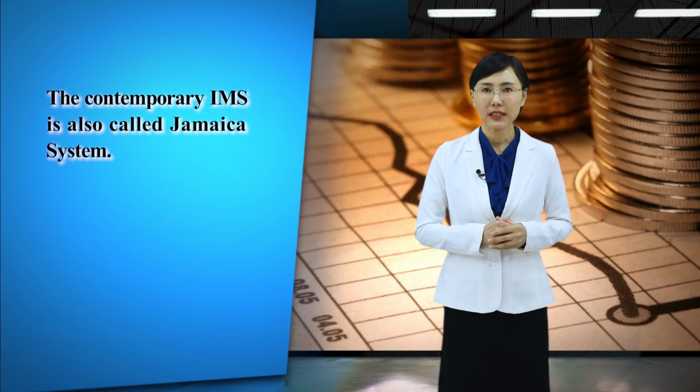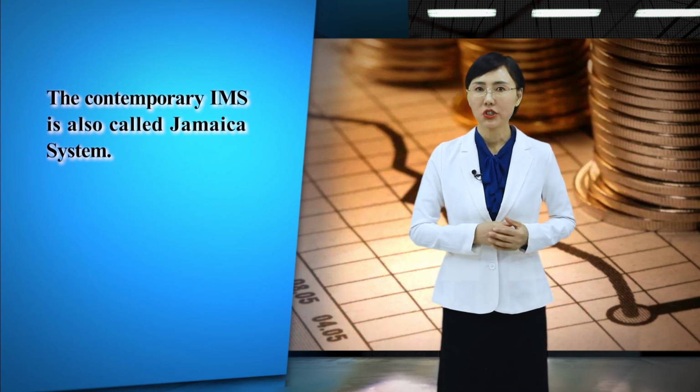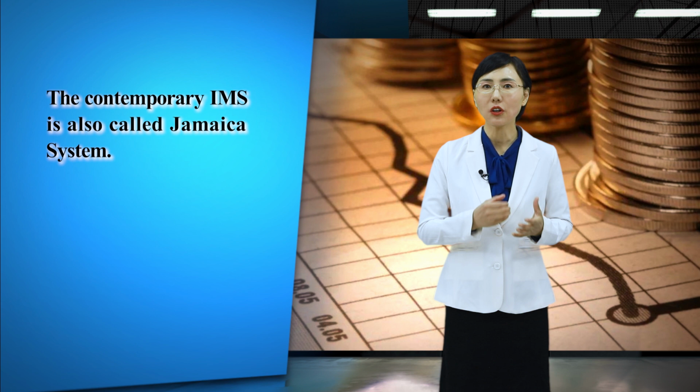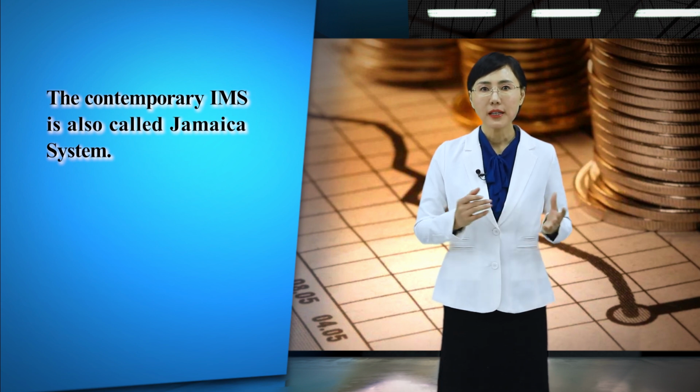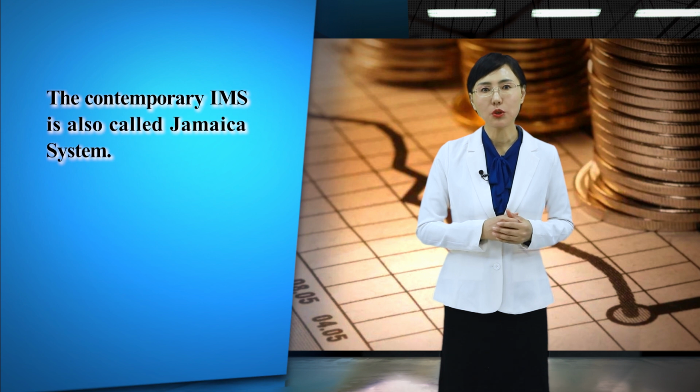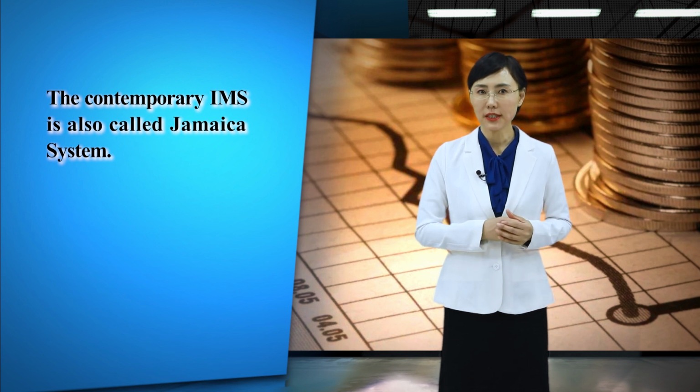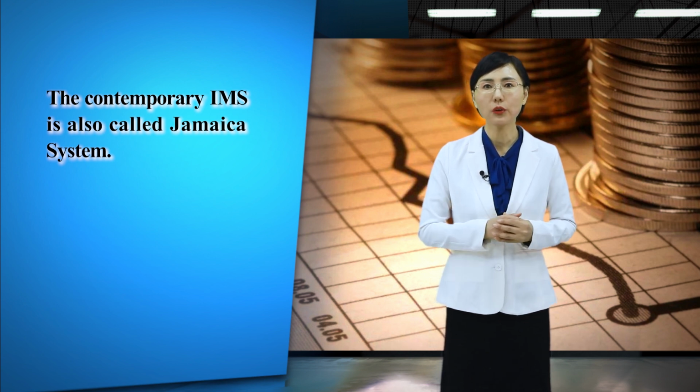Since 1976, the floating exchange rates have been legalized after the meeting in Jamaica. That's why the contemporary international monetary system is also called the Jamaica system.